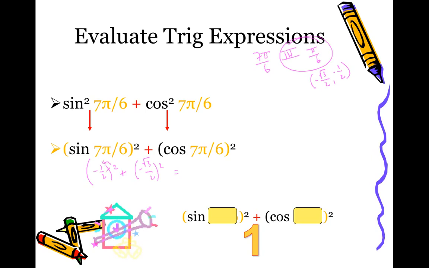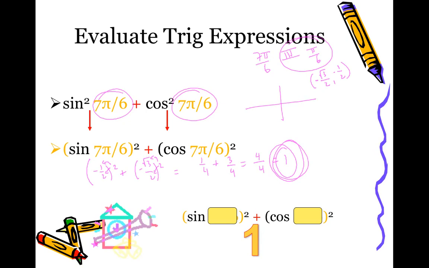Well, when you square, you distribute. So you're going to get 1/4 plus 3/4. Oh, that's 4/4, which is 1. As long as the angle that we're talking about is the same, all that's saying is, here's a point on your circle, and we knew that the radius was 1 because we're working with the unit circle.